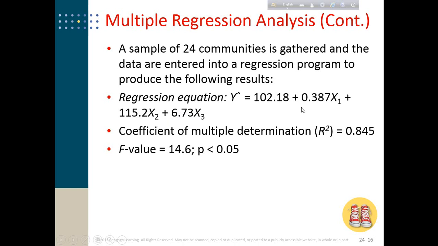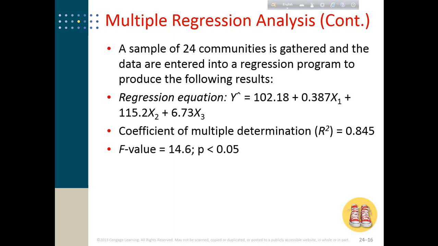So you can see that all the coefficients have positive signs, so all are positively correlated with the sales. And this is R square, 0.845. If you can remember, we discussed R square in the last lecture, and we said that R square represents the proportion of variation in the dependent variable explained by the independent variables. So 0.845 is basically 84.5%.